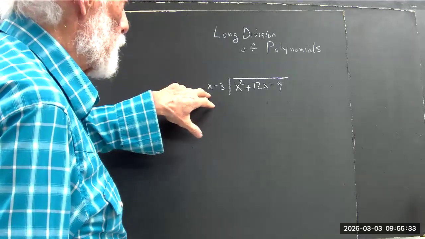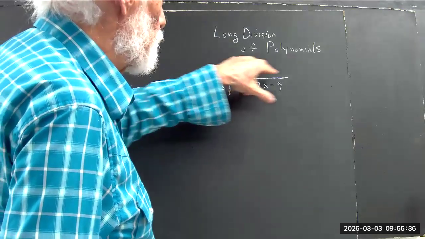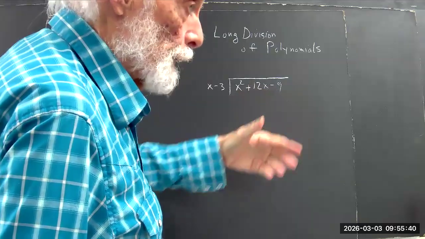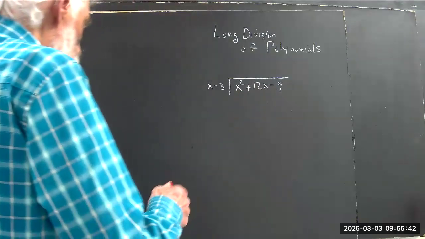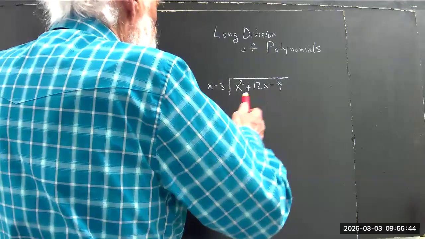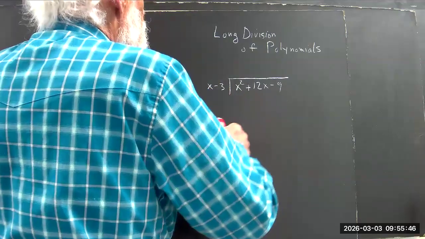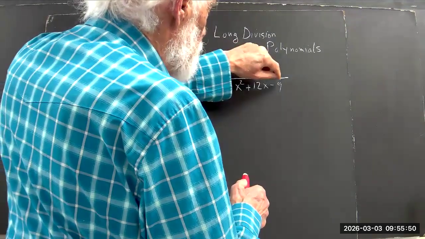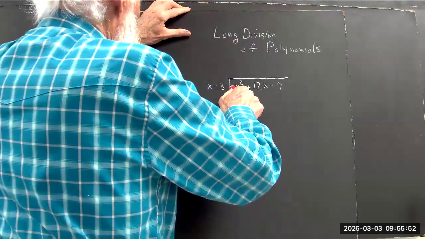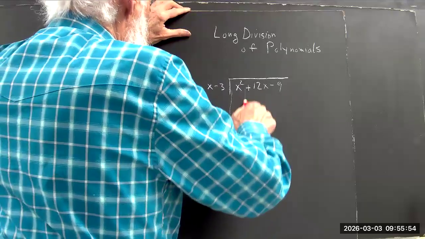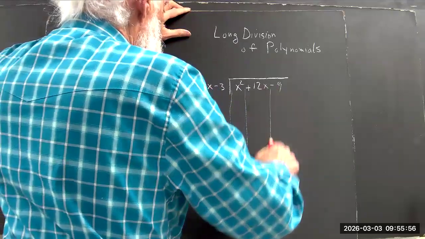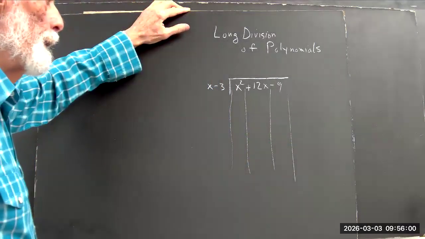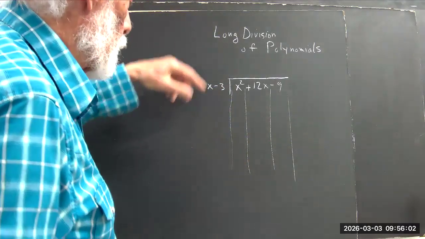We've written the x minus 3 and then a division sign with the x squared plus 12x minus 9 inside of it. I'm going to make little columns beneath the x squared, beneath the 12x, and beneath the negative 9, to see what those columns are for.